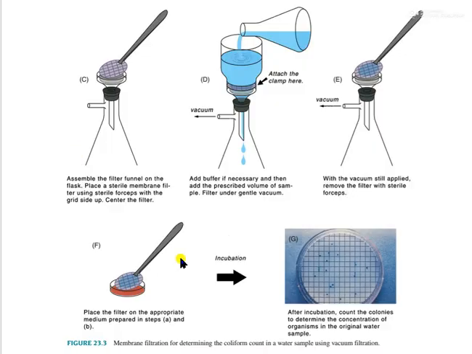So we also have other methods, like membrane filtration, for determining coliform bacteria. You take a filtration unit, keep the filtration paper on it and pour the water onto it so that all the bacteria get attached onto the membrane filter.